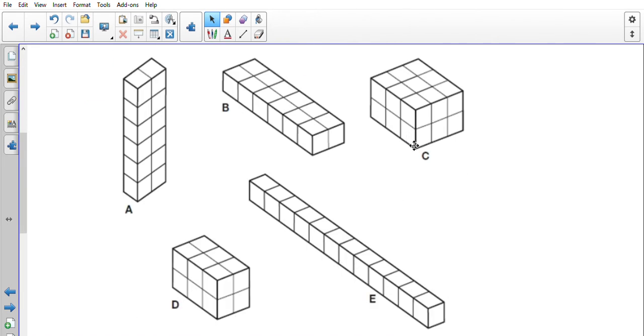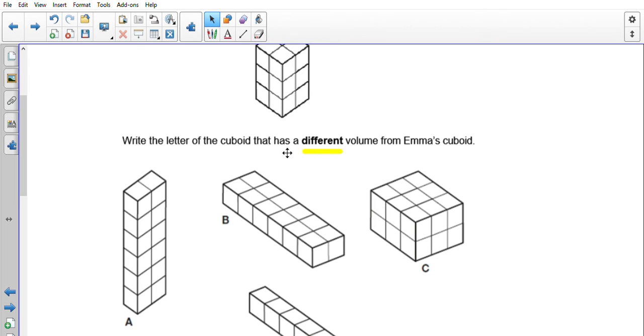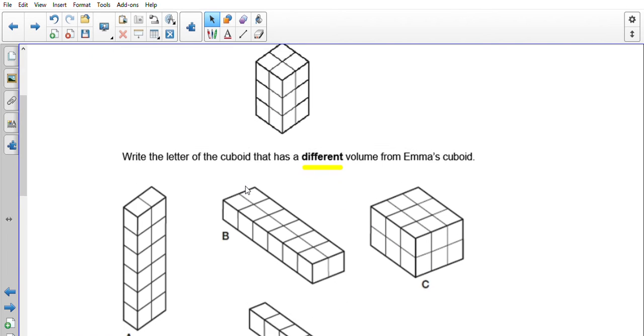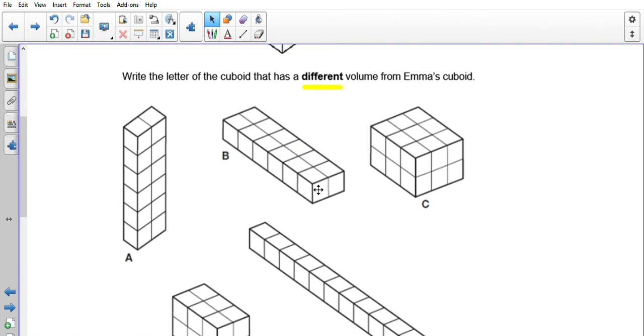You just essentially need to work out what the dimensions of this are. If we look at A, it's 2 wide by 1, 2, 3, 4, 5, 6 down. 2 times 6 is 12. That's fine. That uses 12 cubes. It has the same volume as Emma's cuboid. B, 2 across by 1, 2, 3, 4, 5, 6 along by 1 high. 2 times 6 times 1 is 12.